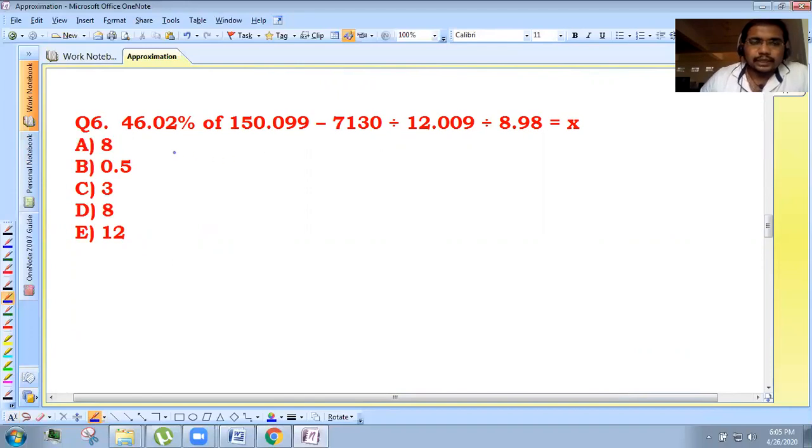So let me go for another example. See, 46 percentage of 150. Otherwise 150 percentage of 46. Anything is the same.